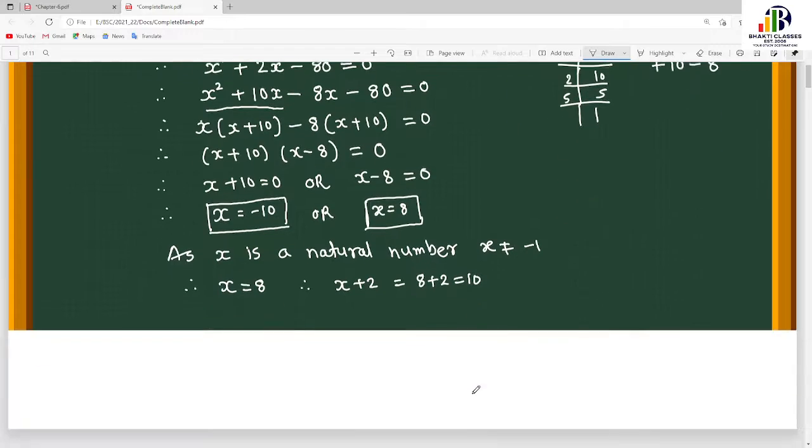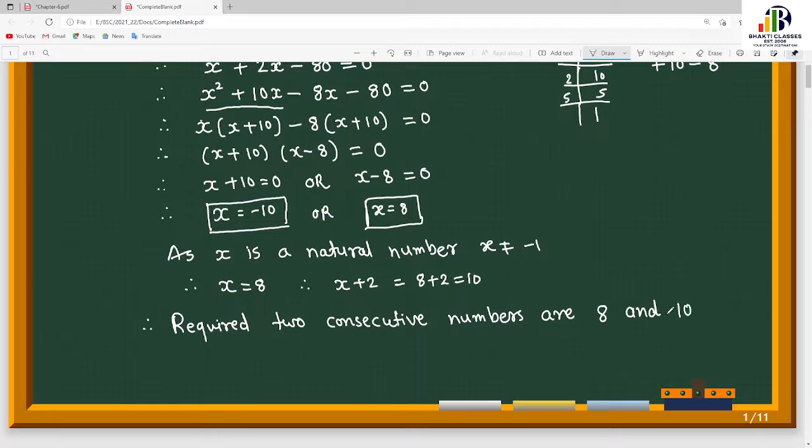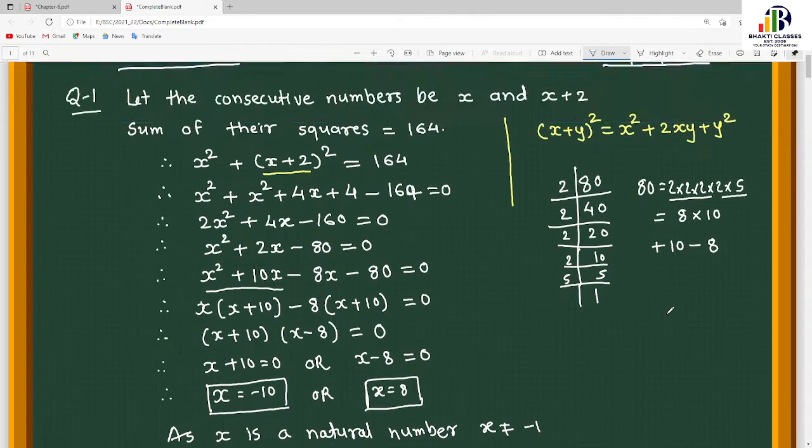So the required two consecutive numbers are 8 and 10. So have you understood this? पूरा समझ में आ गया?